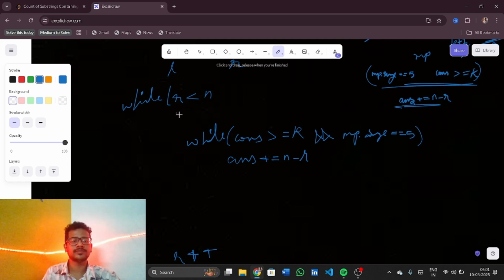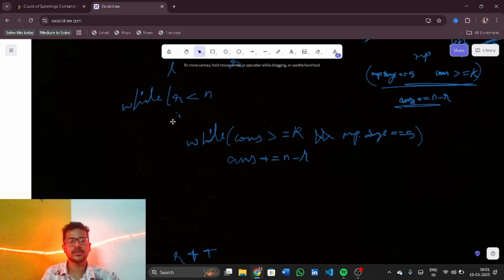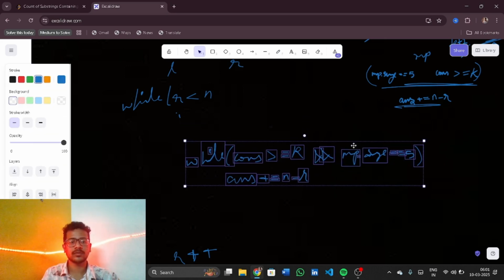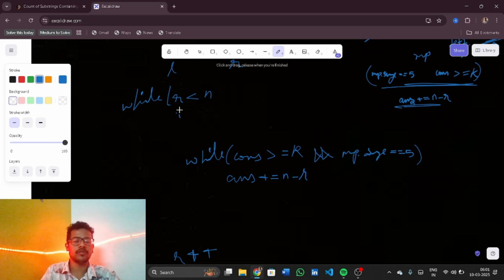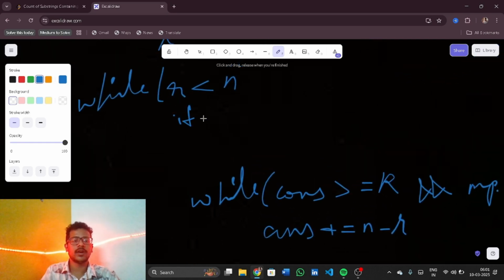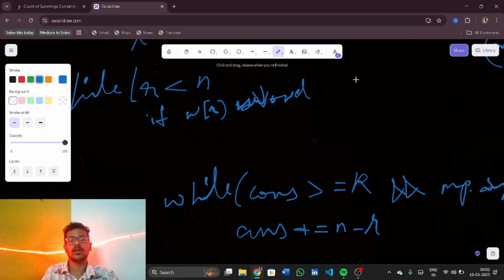Wait a second, I'll move this down. If word of r is a vowel, I need to increment the count of MP of word of r by 1.